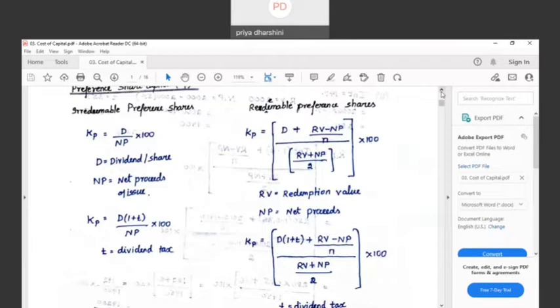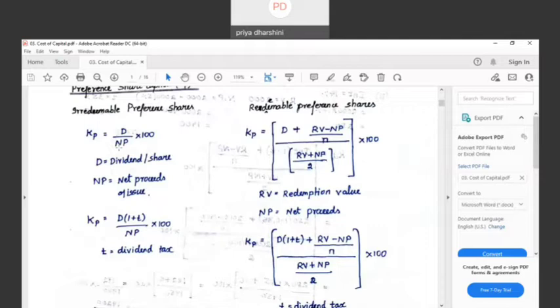In case of irredeemable preference shares, what is the cost for such preference shareholders? It is the preference dividend which is paid. So the cost of preference shares will be the preference dividend divided by net proceeds into 100. What is this net proceeds? Suppose the face value of share is 100 rupees and the company spends on flotation cost. What is flotation cost? The cost incurred for floating the shares in the stock exchange.